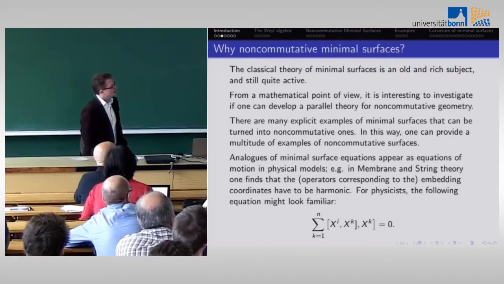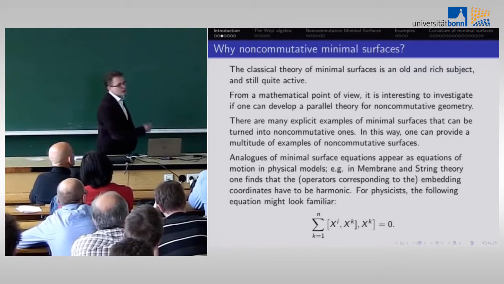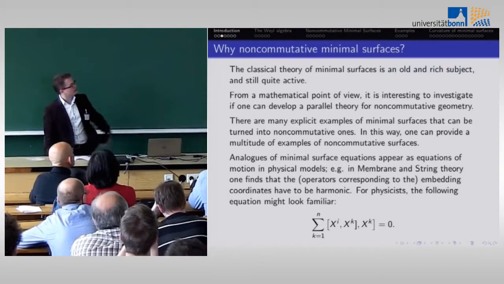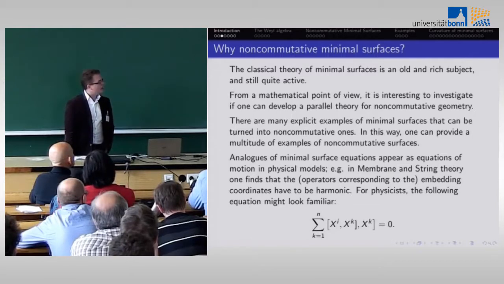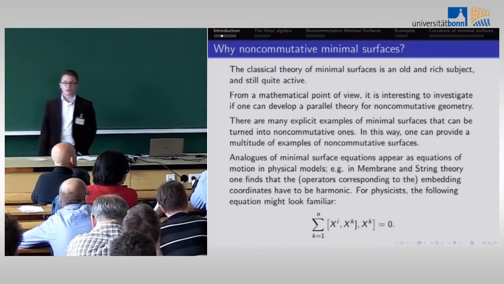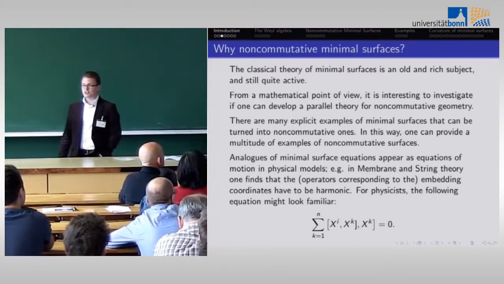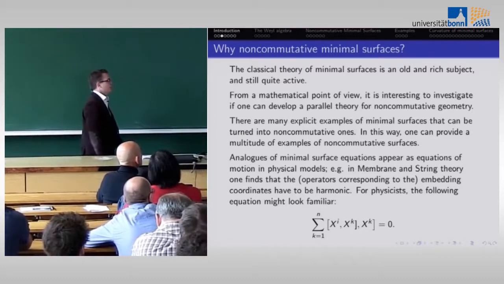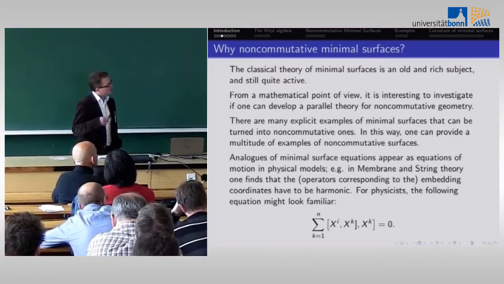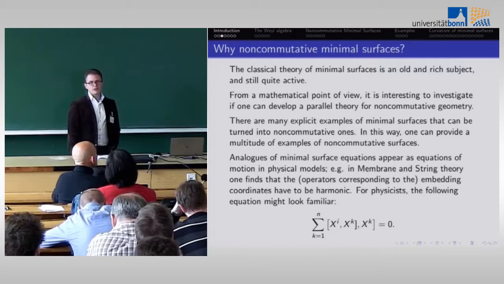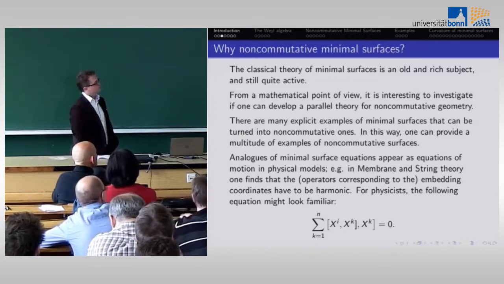So maybe for physicists, equations like these double commutator equations, where you sum over two of the indices here, k, might look familiar, and you want to look for solutions to such equations. And this kind of trying to solve equations was one of our original motivations for starting this.